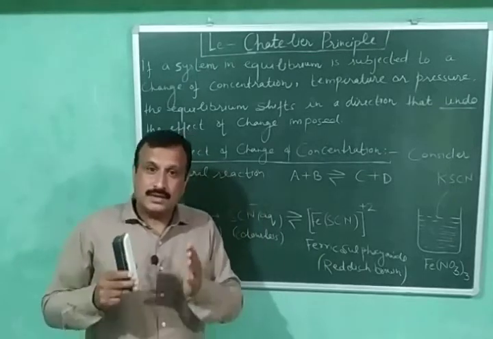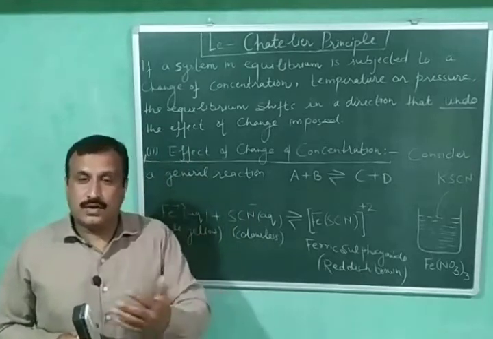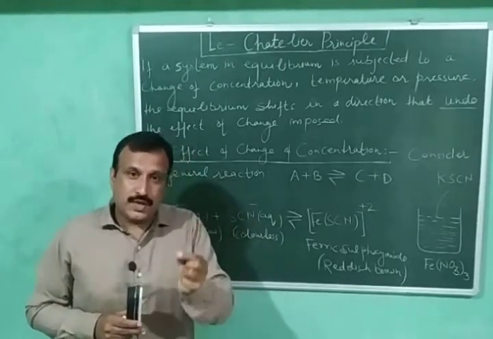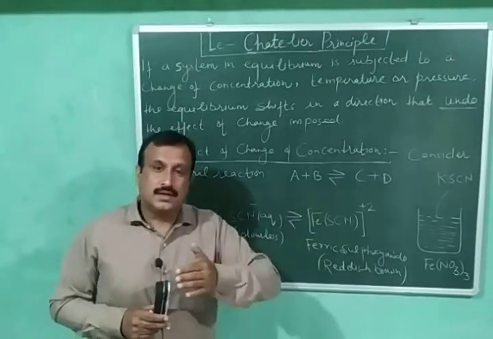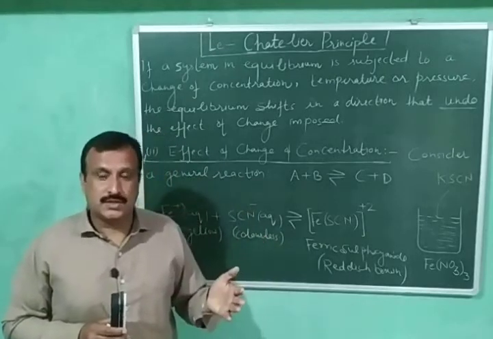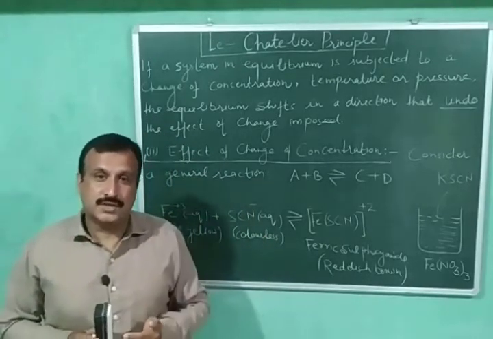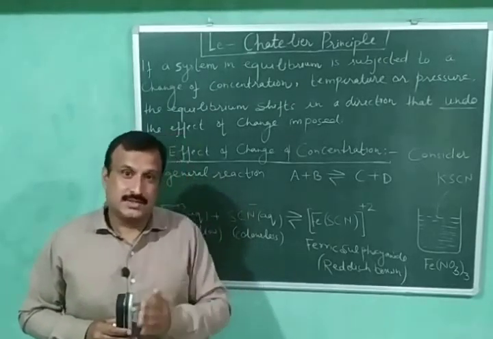Now if we increase the concentration of the reactants by adding more of A or B, then to undo or reverse the effect of this increased concentration, the equilibrium will shift in that direction in which the concentration of the reactants decreases.